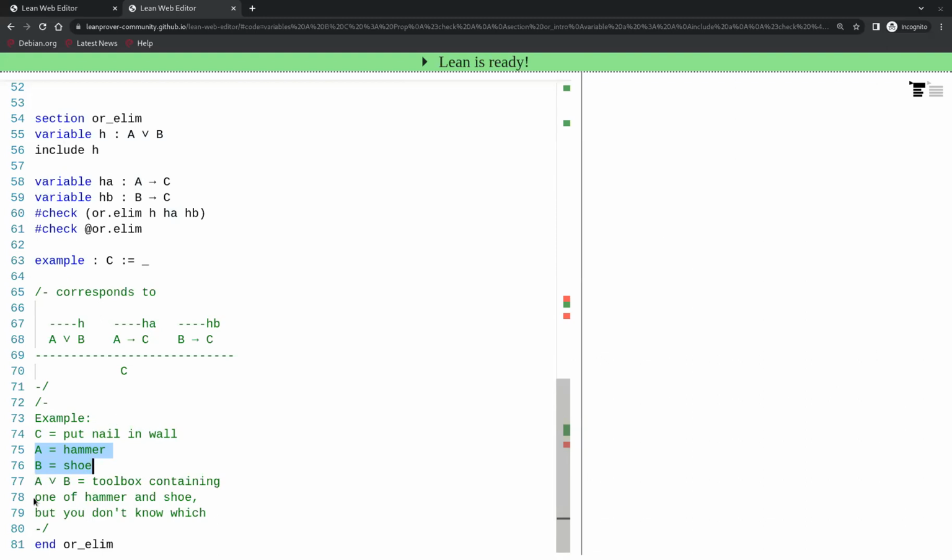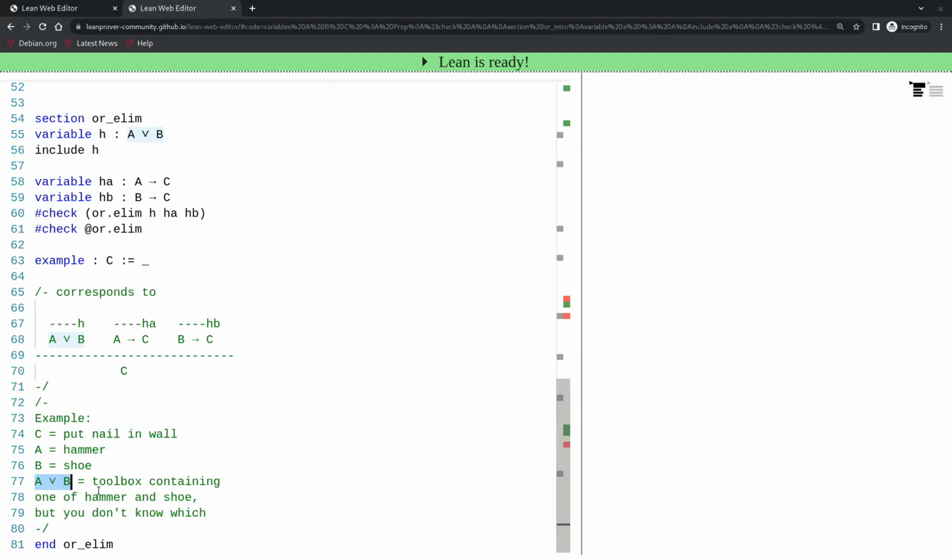And now you can think of A or B as a toolbox that contains one of those tools, a hammer or a shoe, but you do not know which one because the toolbox is closed, you haven't opened it. And the question is for you, can I put the nail in the wall provided the contents of the toolbox? You don't know if the toolbox contains a hammer or a shoe.